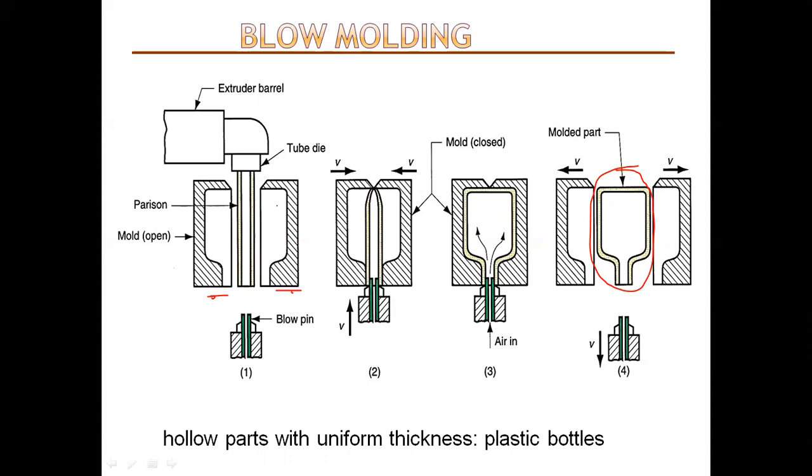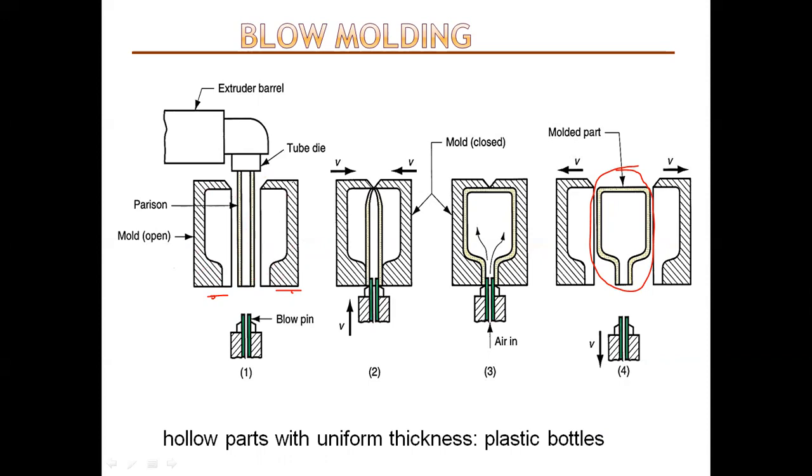Let us see the steps of blow molding. Step one: the parison is extruded vertically in a downward direction between two mold halves, the first mold half and the second mold half.